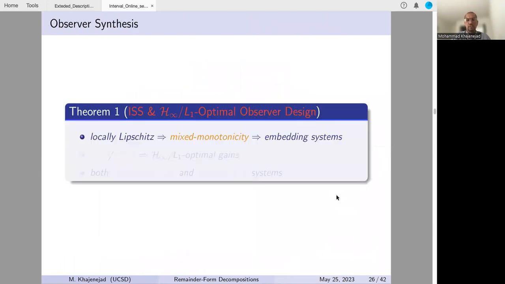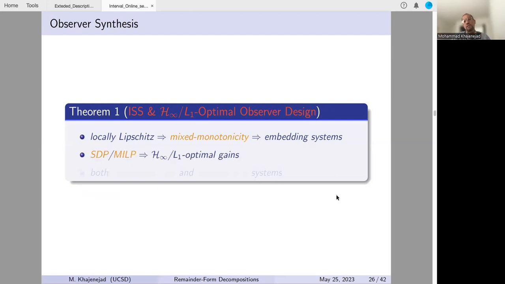All right, so to summarize, given some mild conditions, like local Lipschitzness, which implies bounded Jacobians, we have mixed monotonicity, and the existence of these embedding systems is there.